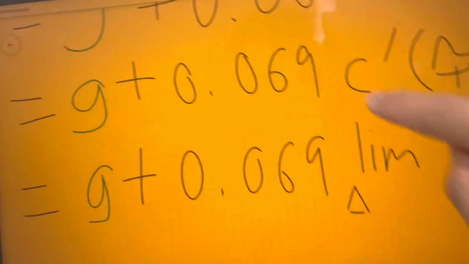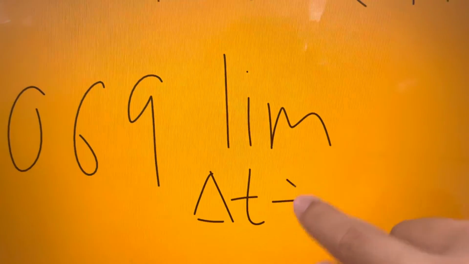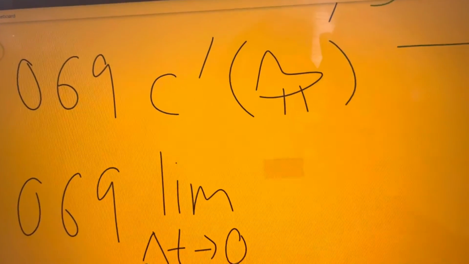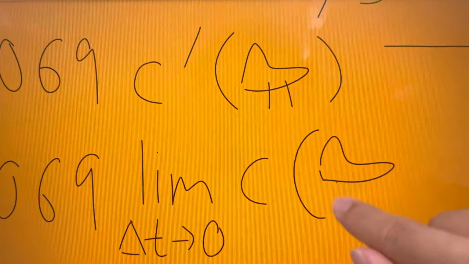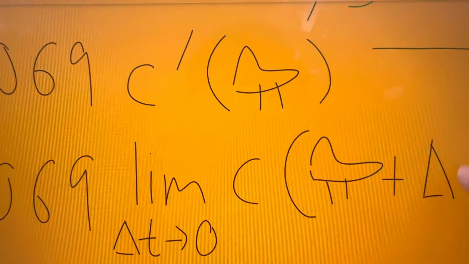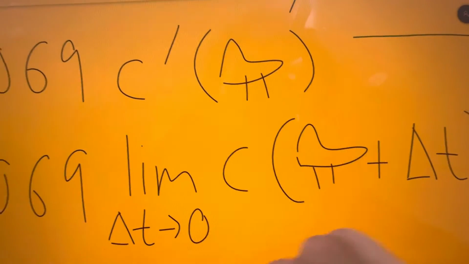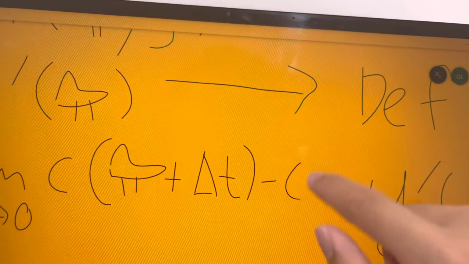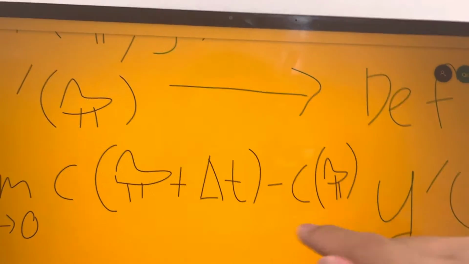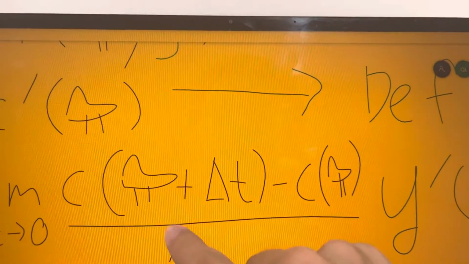So it's our change in the t value, delta t, as that approaches 0 of c of t0 plus this small change delta t, minus c of t0, all of that divided by delta t.